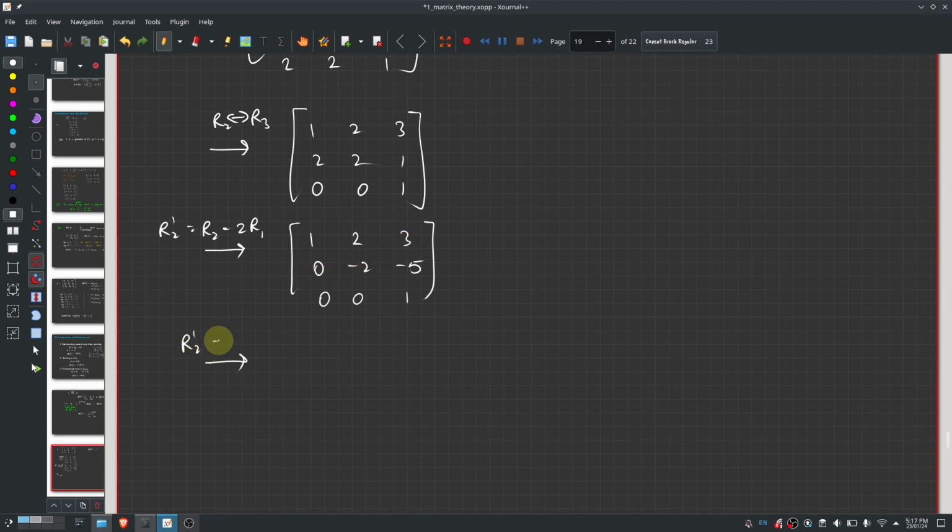R2 prime equals minus half times R2. So I get 1, 2, 3, 0, 1, 5 by 2, 0, 0, 1.